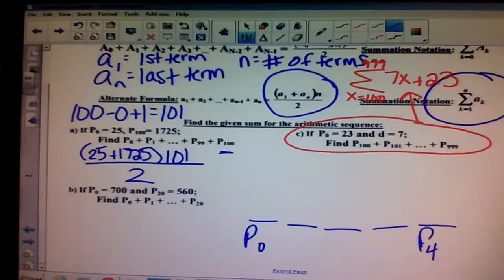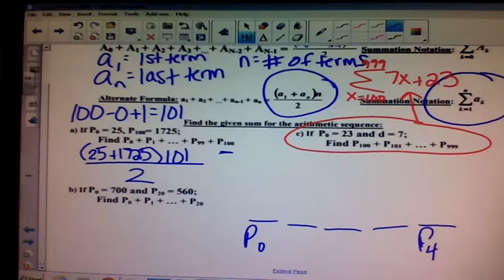So if you take the x value of your last number, subtract the x value of your first number, and add 1, you will always get the right amount of terms.